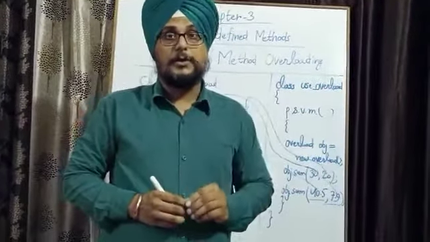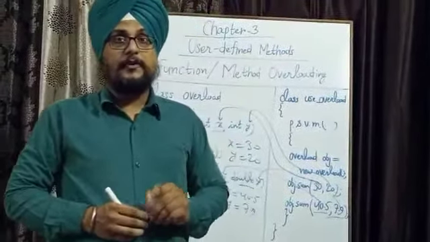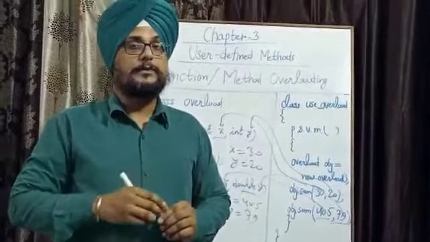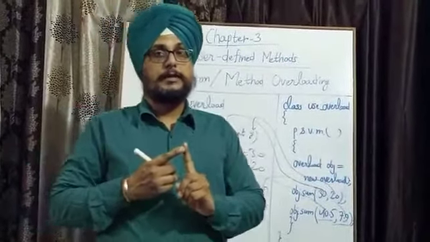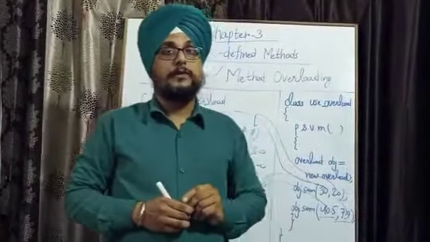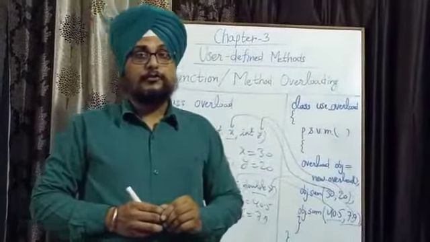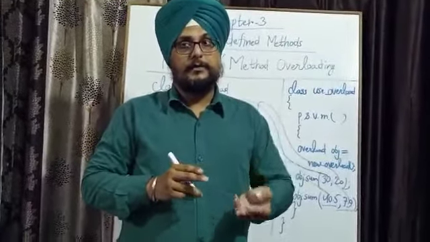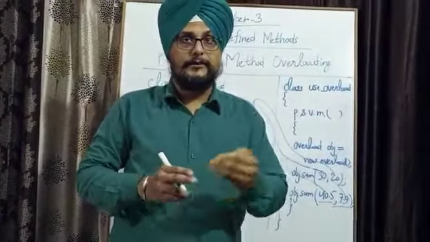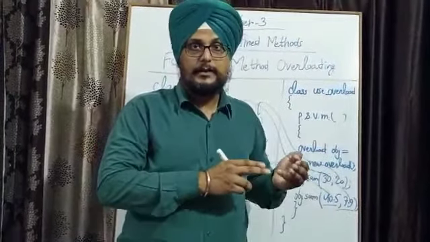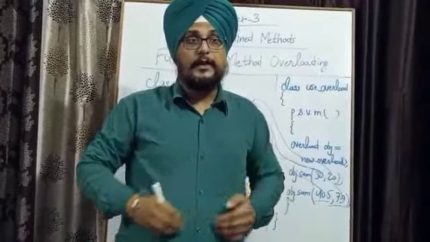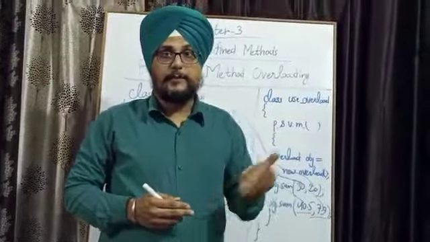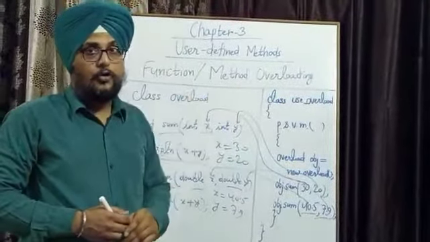For a square, again one parameter is required, that is the side. You may be confused that one parameter is required for both circle and square. So what you can do is change the data type: for the square you take integer and for the circle you take double. Like this we change the number or type of parameters and achieve method overloading.